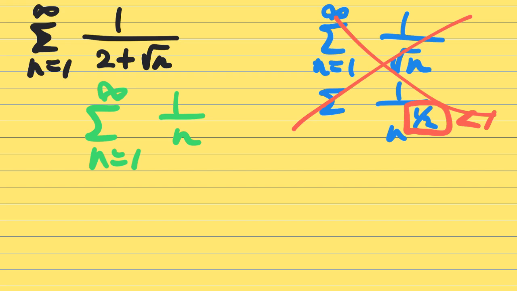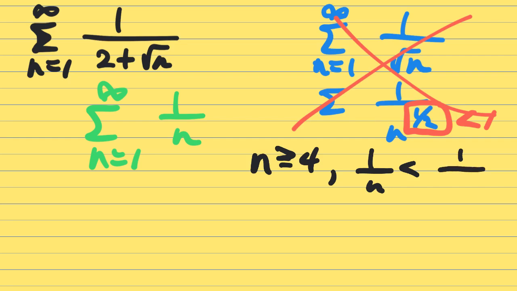It turns out that once you get to 4 or larger, that 1 over n is smaller than 1 over 2 plus square root of n. One over n has an unwritten power of 1, and by p-series, that's divergent.